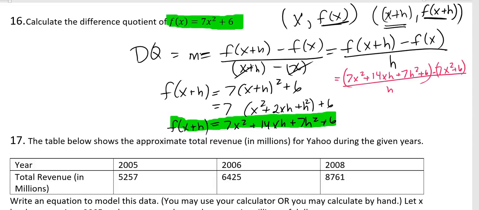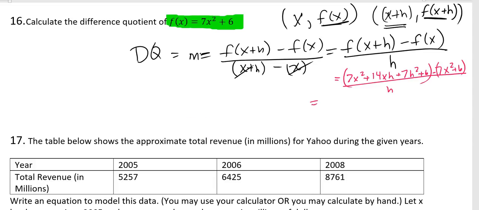Okay, so now I just want to simplify it. If I simplify it, I have to remember that I have subtraction of polynomials. Make sure that you distribute that minus. Okay, and then we can see that the 6 minus 6 will cancel out, and the 7x squared minus 7x squared will cancel out.